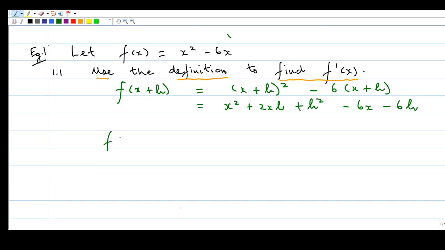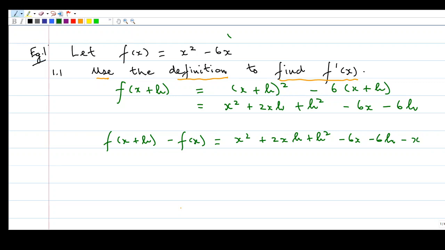So now organizing the numerator, f of x plus h minus f of x. Right, so from above, x squared plus 2xh plus h squared minus 6x minus 6h, minus your f of x, which now has two terms.